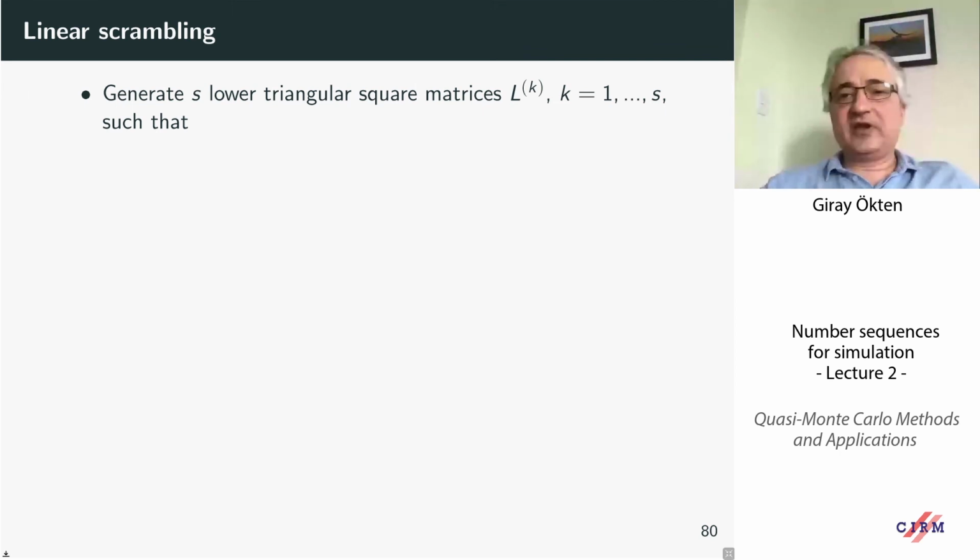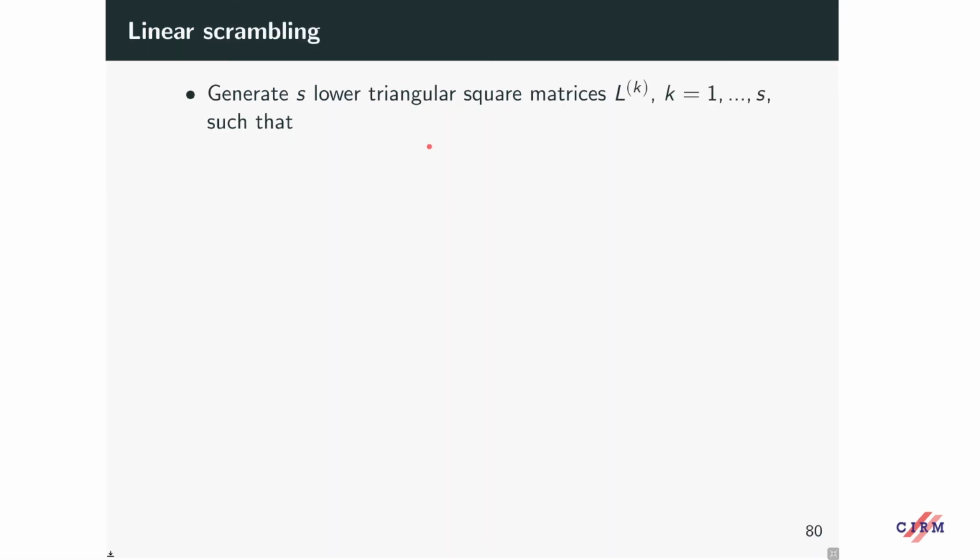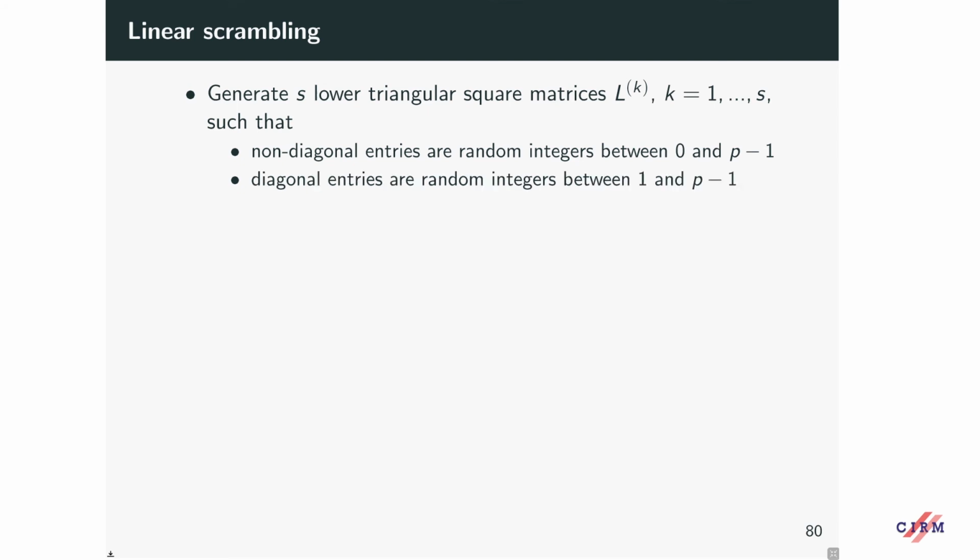Now linear scrambling. For linear scrambling, we generate s lower triangular matrices denoted by L superscript k. Non-diagonal entries are random integers between 0 and p-1. p is the base; I think I earlier might have used b as the notation for base.